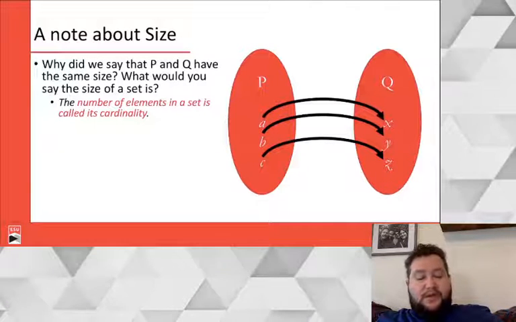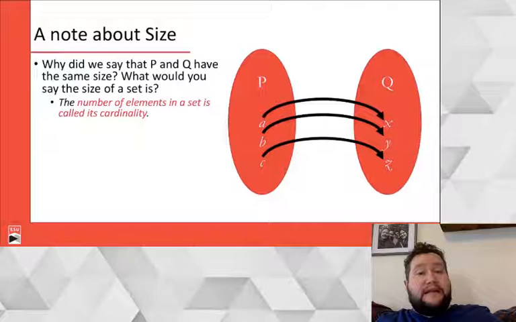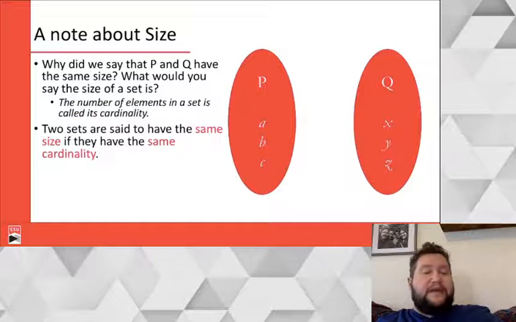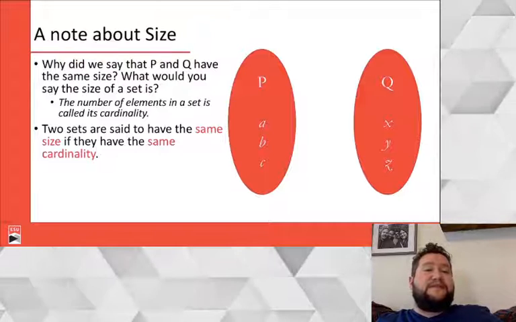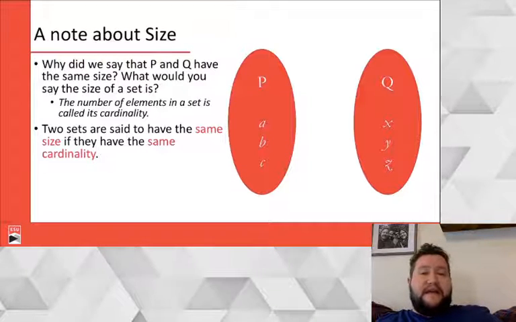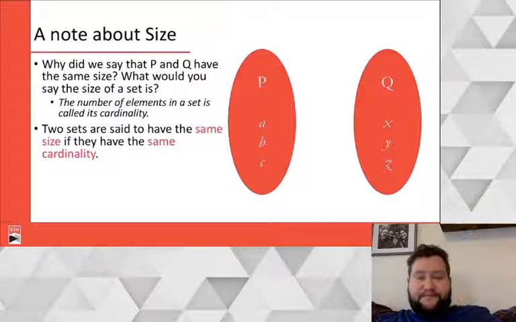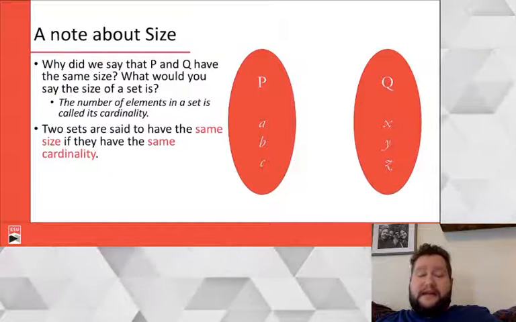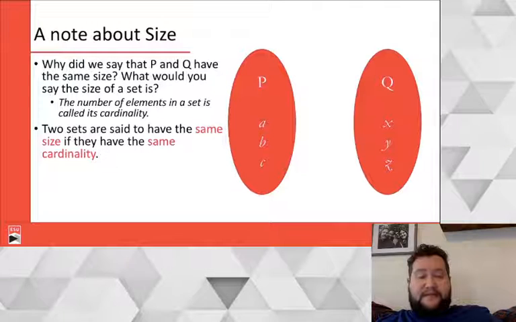And so two sets of the same cardinality are equivalent. And we can say that two sets have the same size if they have the same cardinality. So P, Q, and R all had the same cardinality. They all had 3 elements.